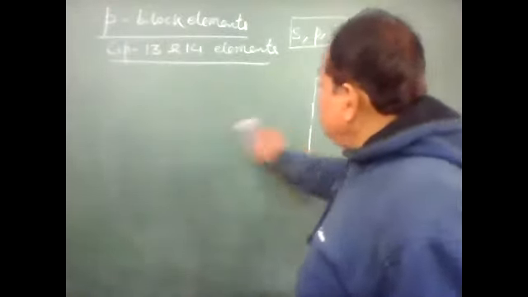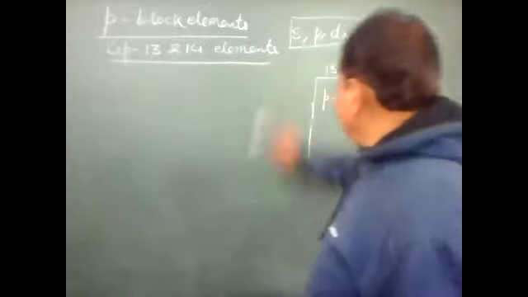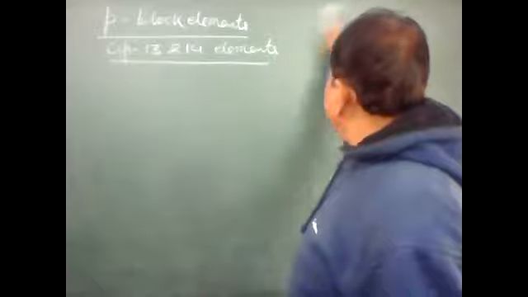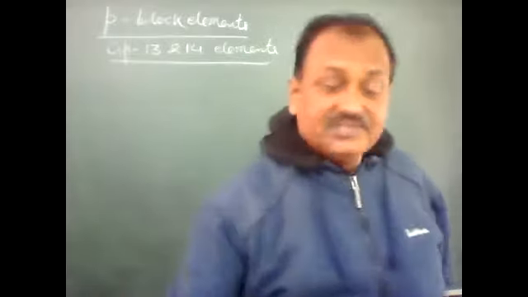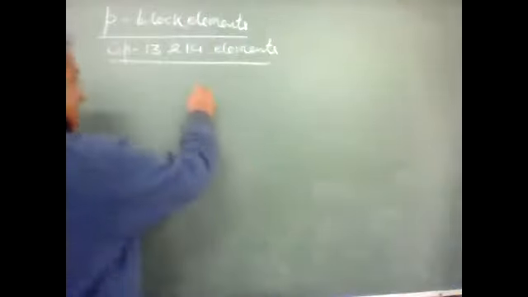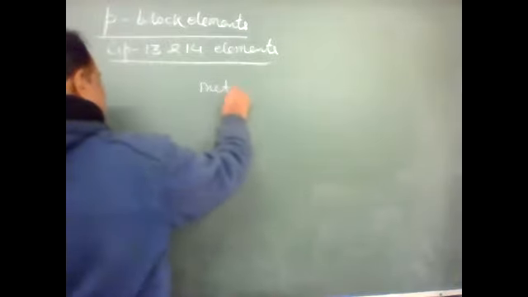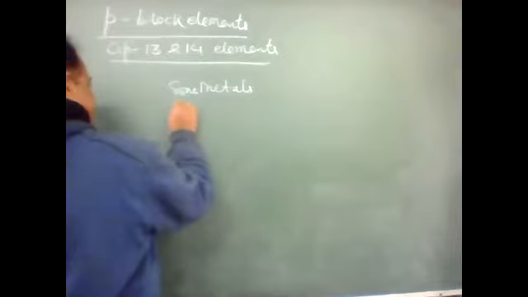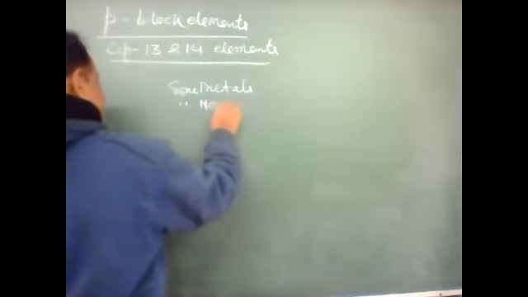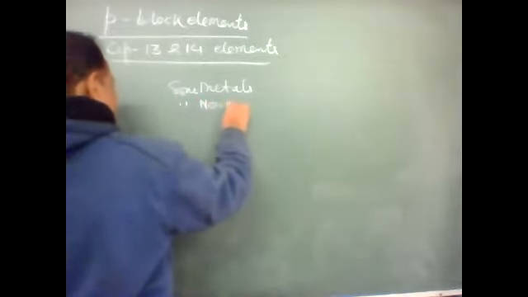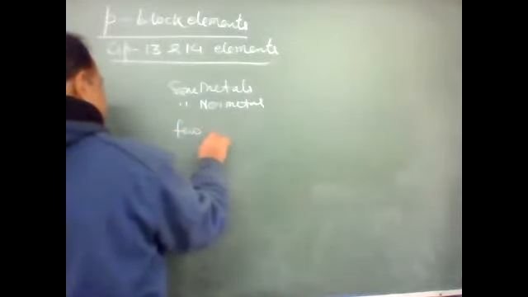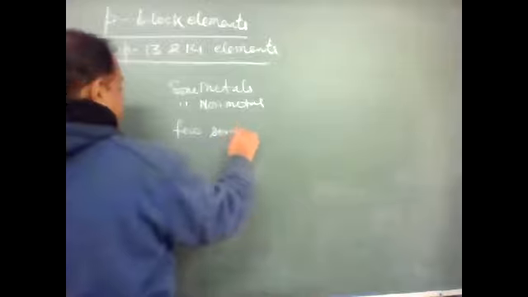This is one point. Now the P block elements are in three categories. The P block contains some metals, some non-metals, and a few semi-metals.